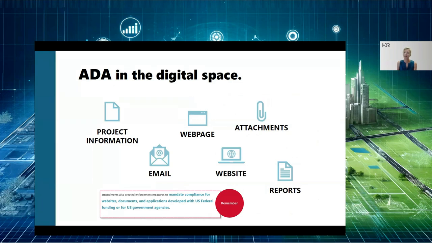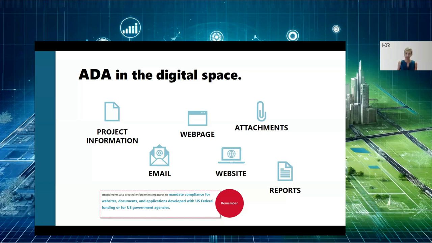So how do we define the digital space? The digital space is essentially all of your deliverables. So your project information, your email, web pages, websites, attachments, reports, essentially all of your communication that is happening on a project, be it an ADA project or otherwise, all of it falls underneath this umbrella and has to meet the 508 compliance.